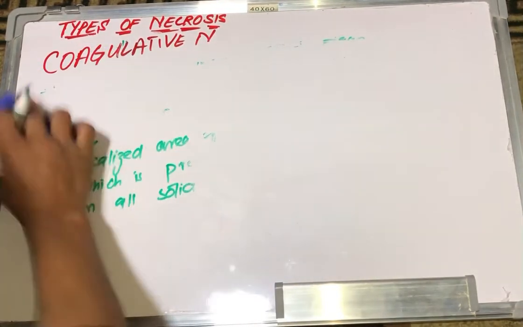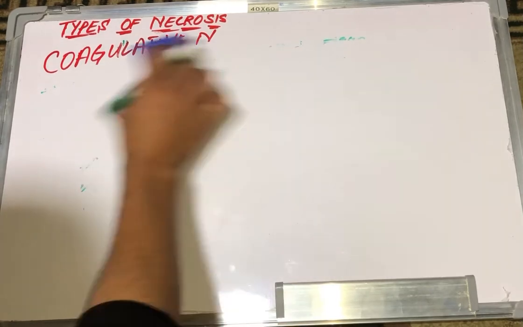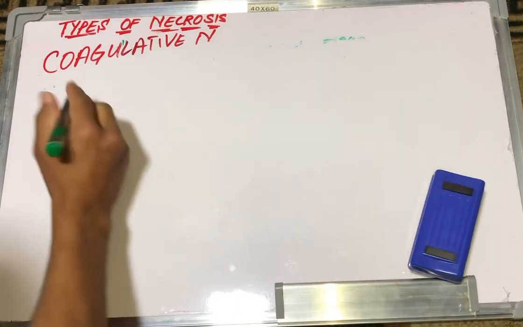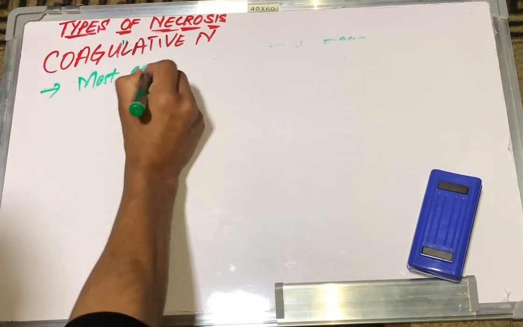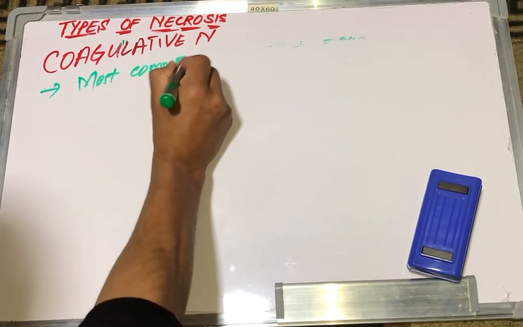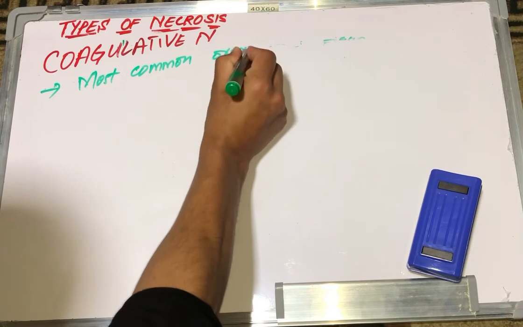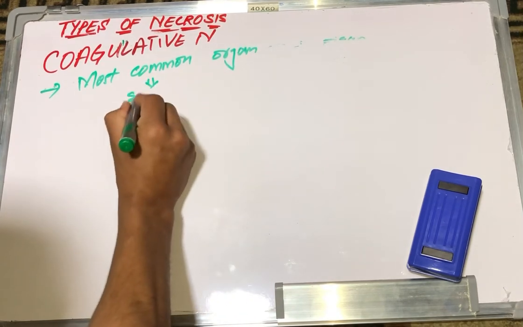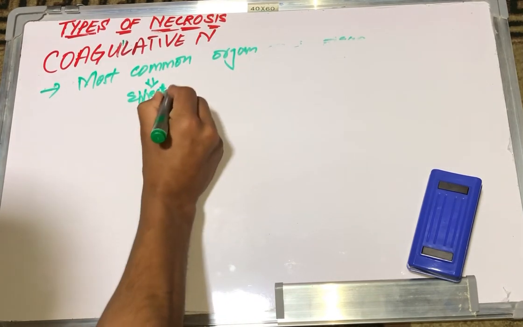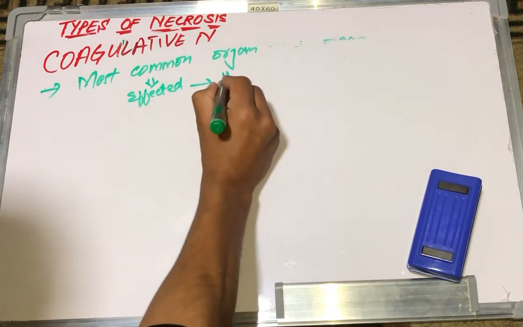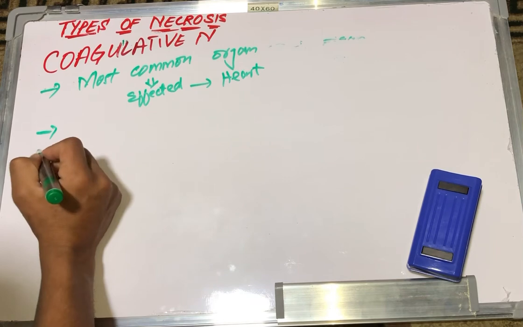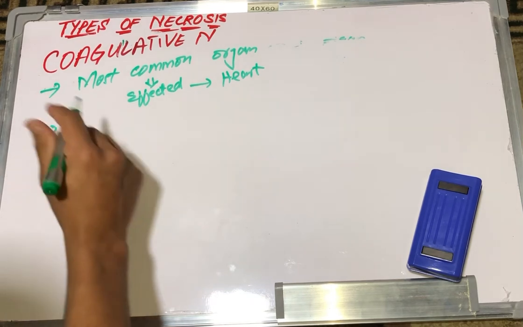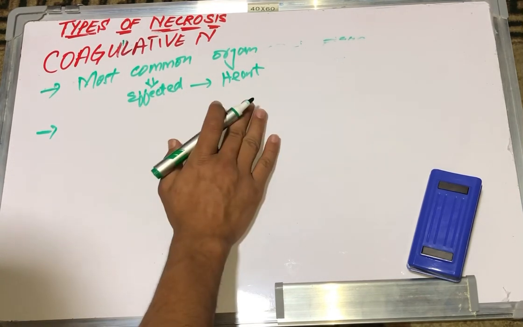So in coagulative necrosis, the most common organ that is affected is the heart.